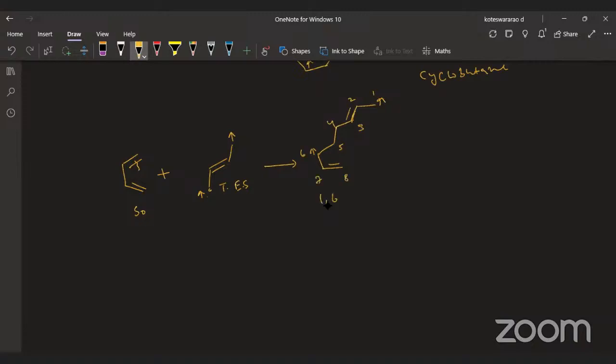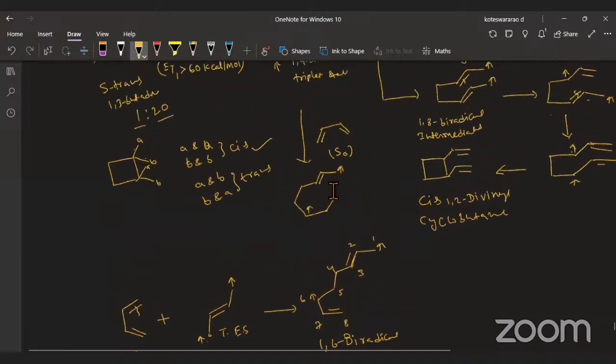This is a 1,6-biradical, 2,7-diene, or simply octadiene. That is how the biradical system is generated.